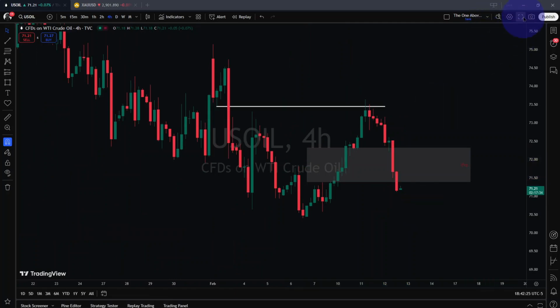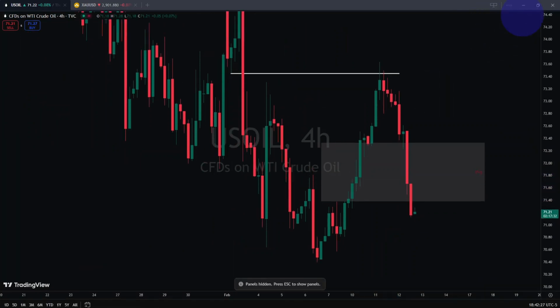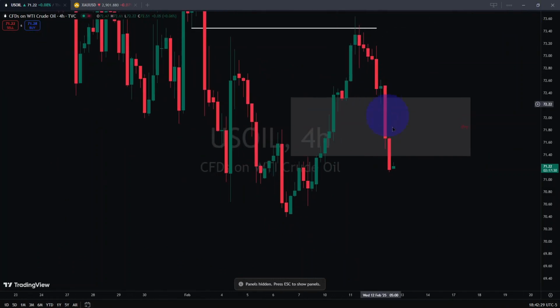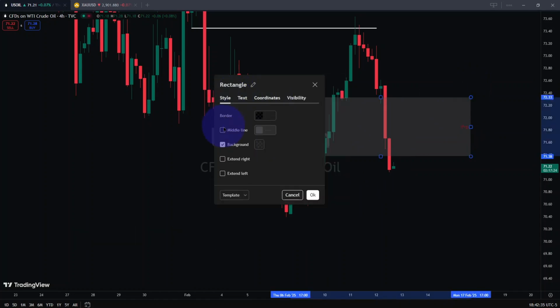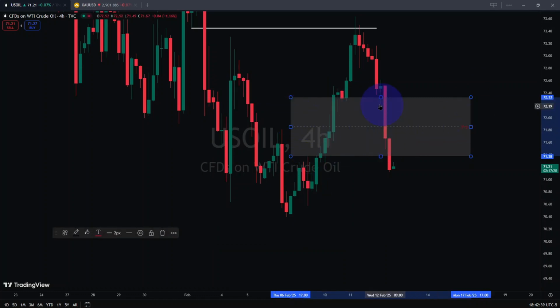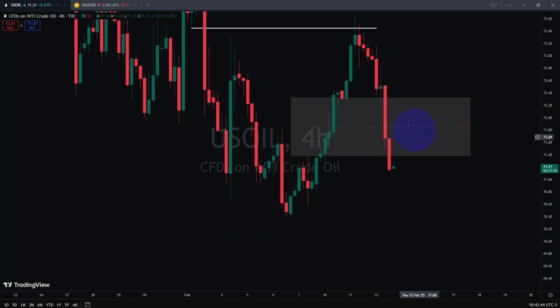So on the 4-hour chart, we have this daily gap and we have this 4-hour gap, and if we split the daily gap into two, you can see the midpoint of this gap is overlapping this upper fair value gap on the 4-hour chart. Now, mind you, for a very bearish US oil, we want to see them stay below the consequent encroachment of this daily gap.